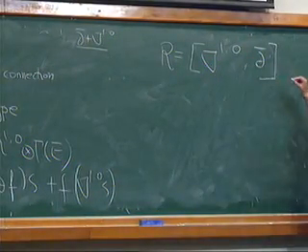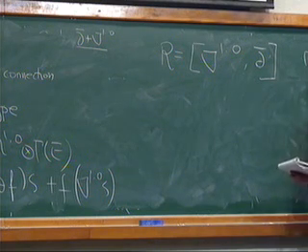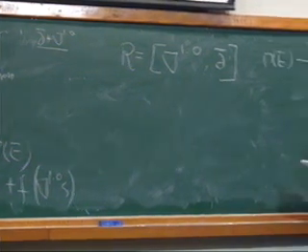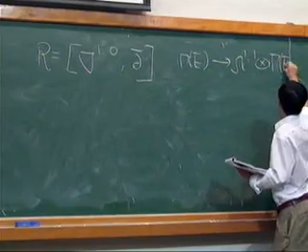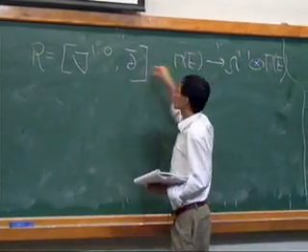Or you can just take the commutator. So this defines a 1,1 tensor, and you can see, in fact, this is just curvature.